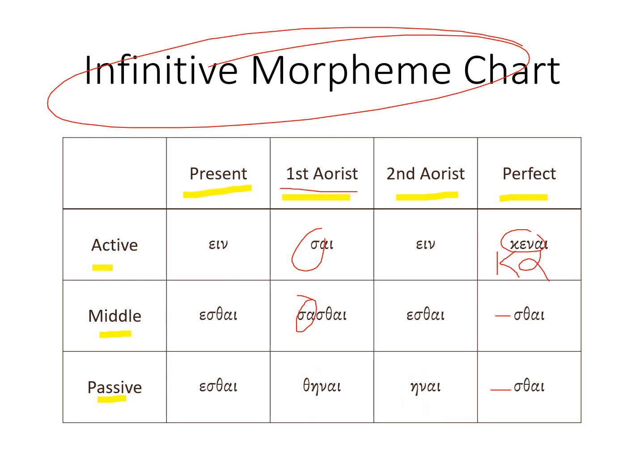So there are some cues that resemble the actual features of these tense forms that we've seen already. So just to memorize, ein, esthai. Notice middle and passive are exactly the same in the present, and that we have seen in the past, so that's nothing new.